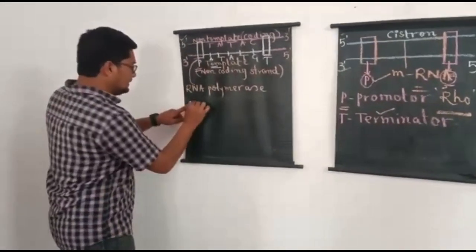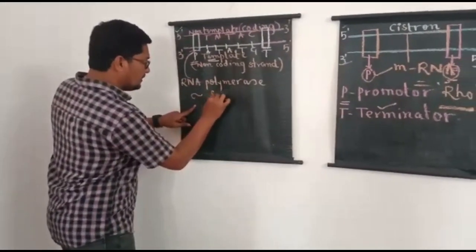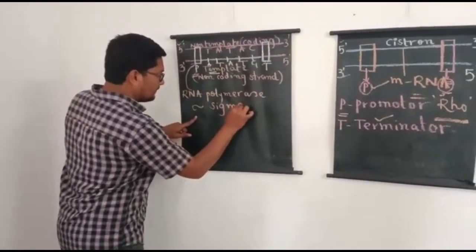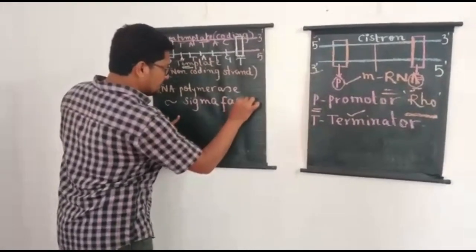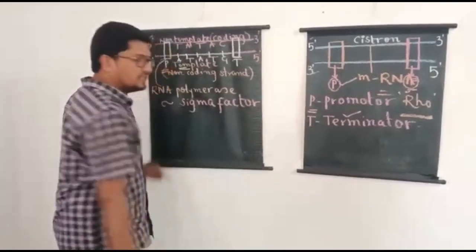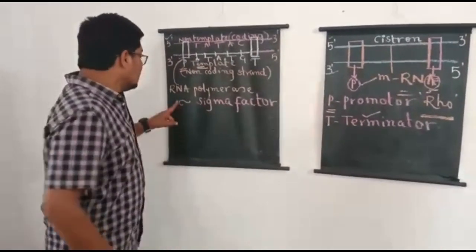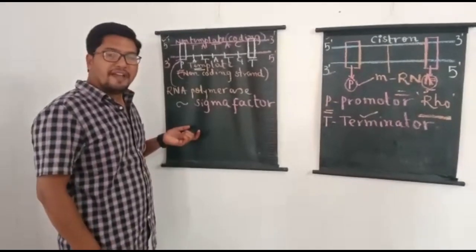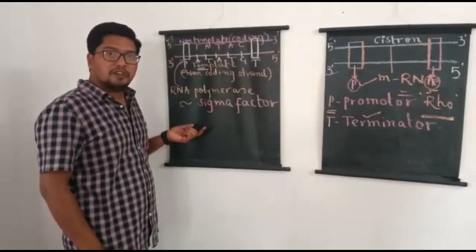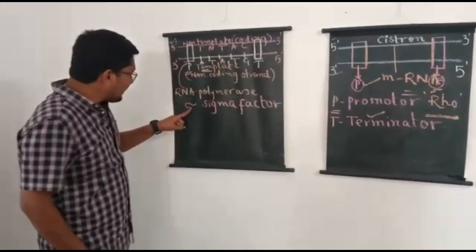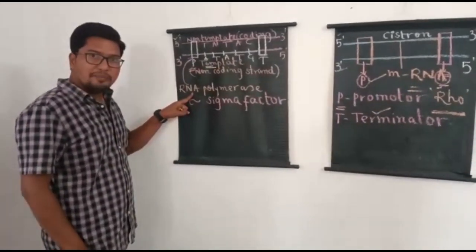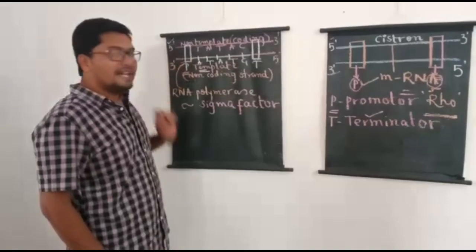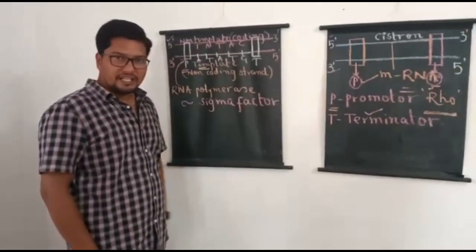And here we have to remember one special name, that is sigma factor. Sigma factor is popularly called the initiation factor for transcription. And why is sigma factor called the initiation factor for transcription? Sigma factor helps the RNA polymerase enzyme to recognize the promoter. With this it is very clear.